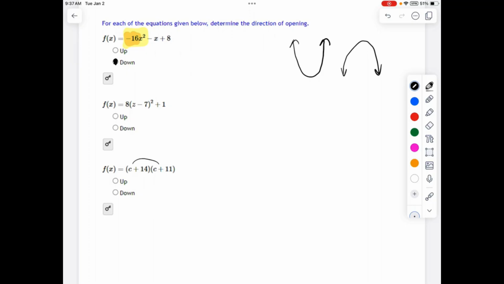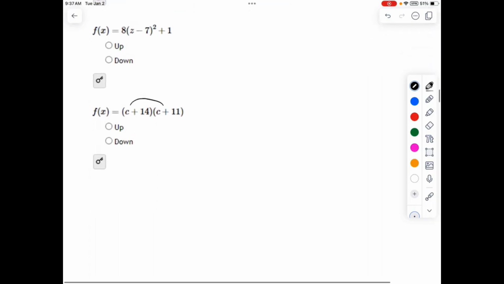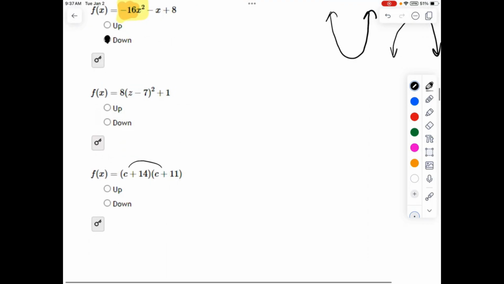That's standard form. But what if we're not in standard form, like vertex or factored form? The process is pretty much the same: you're generally going to see it facing up or down based off of the number in front. For example, that 8 there is a positive number, which means it'll go up.